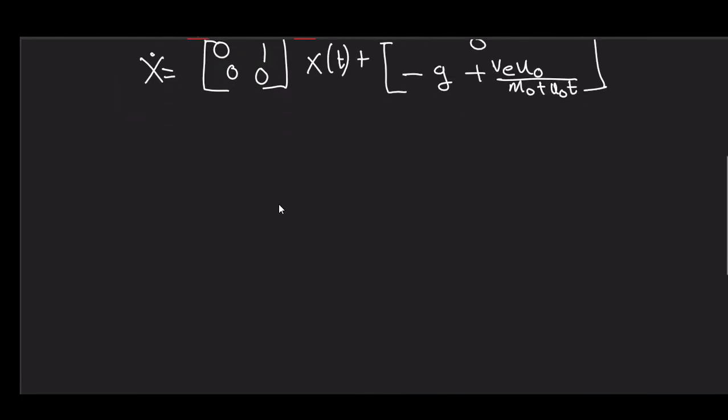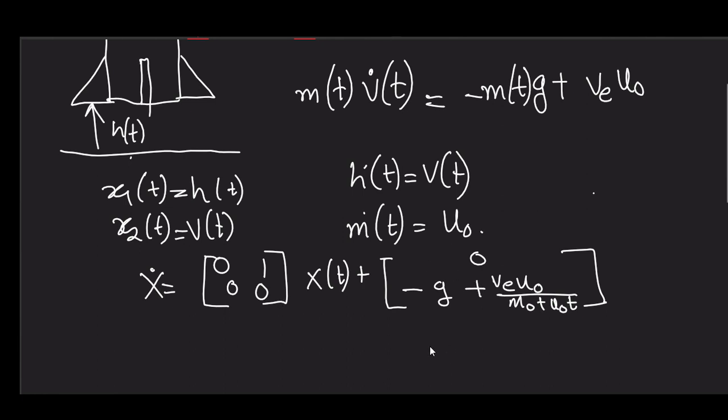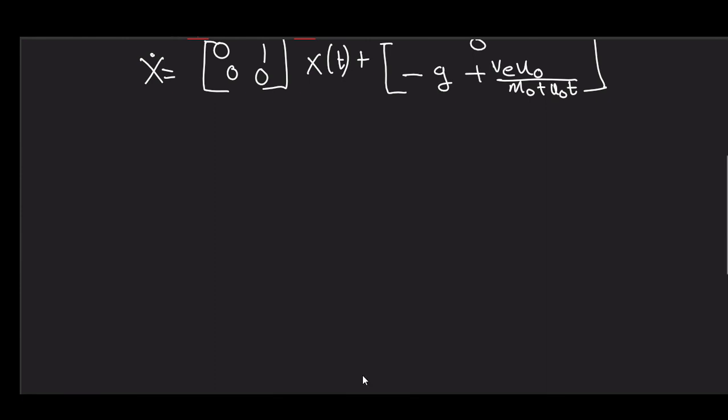Now we will try to linearize this system. First of all, try to understand that this system is not linear. Let me make it clearer by considering another state: since mass is also decreasing, let us consider a third state, the mass m(t).